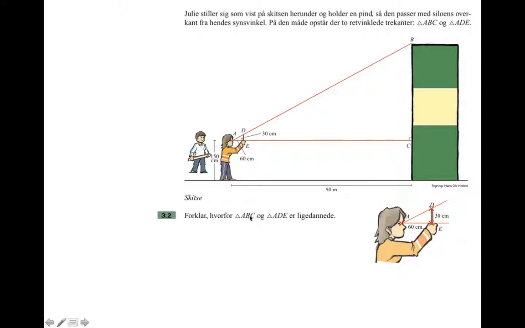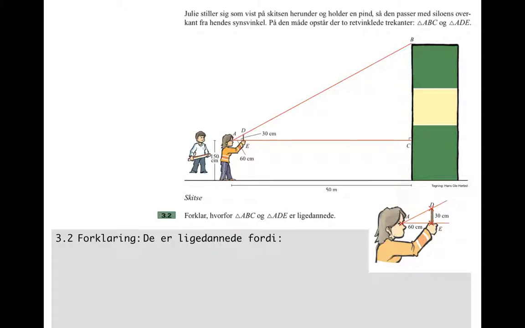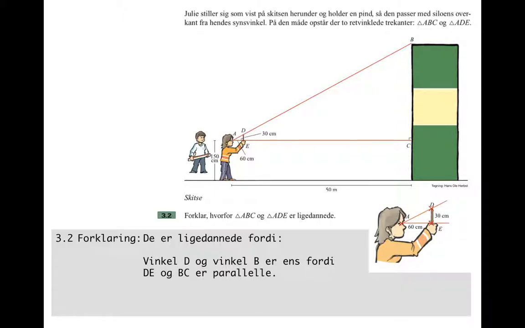Explain why the two triangles are similar. So similar means that they've got the same shape, but they're not necessarily the same size. So they are similar because angle D and angle B are the same, because DE and BC are parallel.